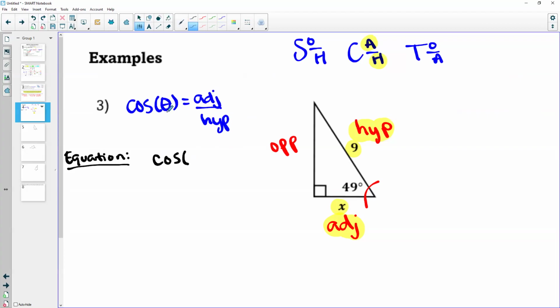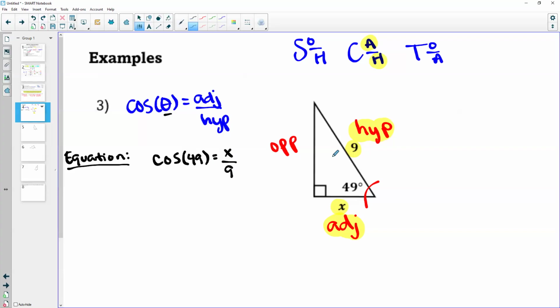Theta represents the angle of perspective, right? The angle of perspective that we used in this triangle is 49 degrees. So this is going to be written as cosine of 49 is equal to adjacent over hypotenuse. What is adjacent here? Adjacent is x. So we have x over the hypotenuse, which is 9. And so that is how we set up the equation here.